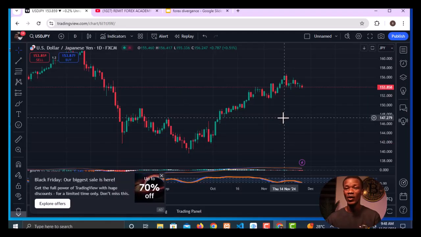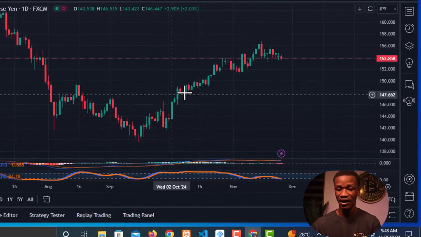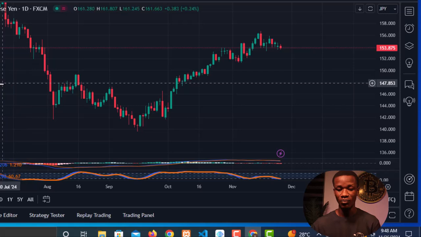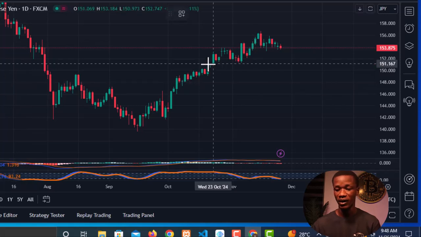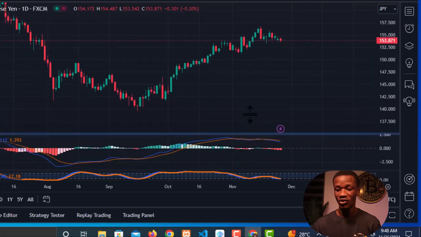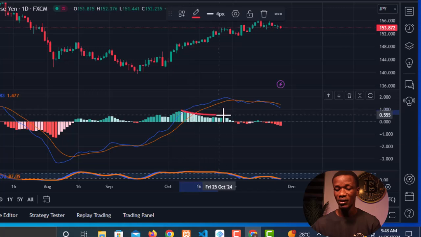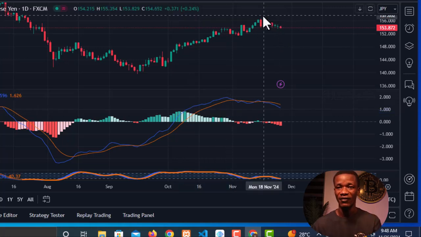Let's say, for example, you look at the USDJPY chart, and I am on the 1-day chart here. You discover that the market is moving upward from this very point. But if you look at the indicator right here, which is the MACD indicator, it is sloping down. So this is a form of divergence.